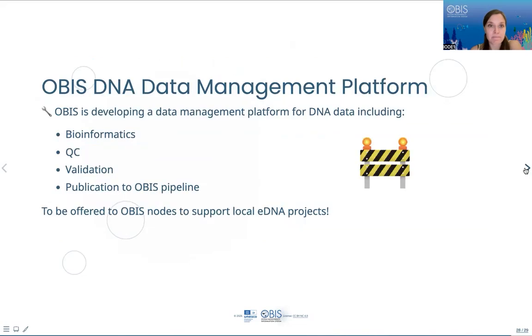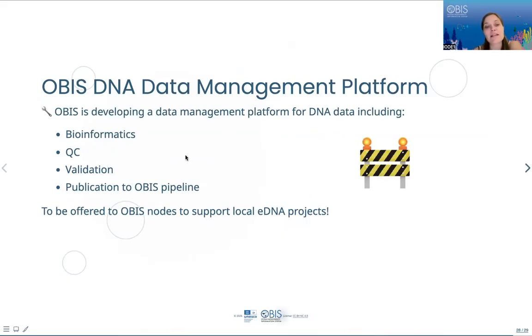And just to mention, we are also developing a data management platform in connection with one of our eDNA projects, where we will have integrated bioinformatics, quality control of taxonomic annotations, and validation of data sets, as well as publication to the OBIS pipeline. And this will hopefully be also offered to people outside of this project in the coming year or so.